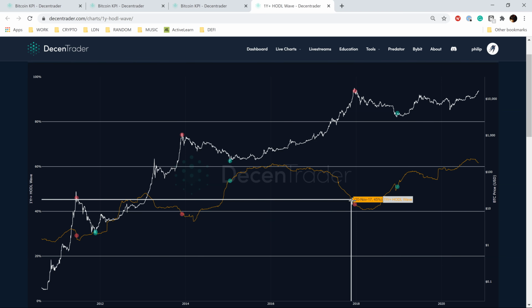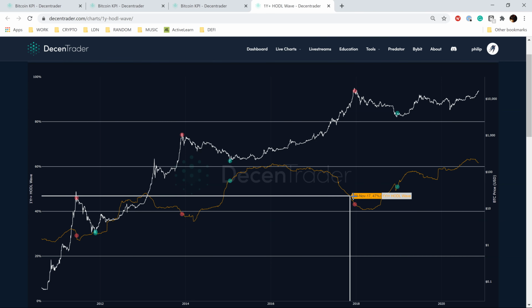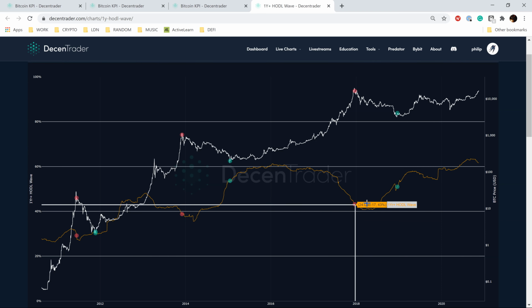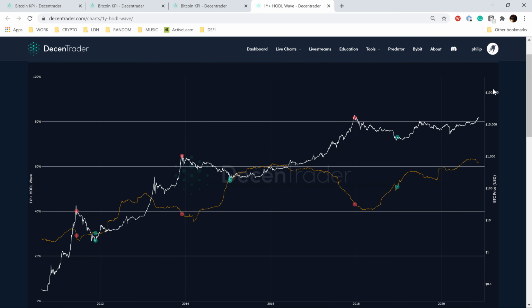Okay, so when this orange line gets down to this level here, the KPI dashboard will be flashing 100 for this indicator, and I strongly suspect we will be very close to Bitcoin topping out this cycle, which I do believe will be above 100k this time around.